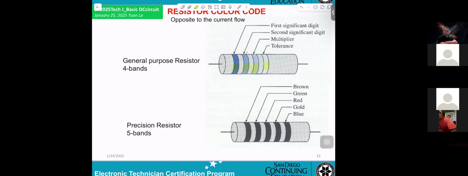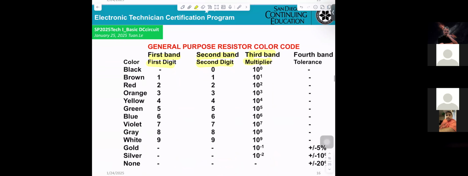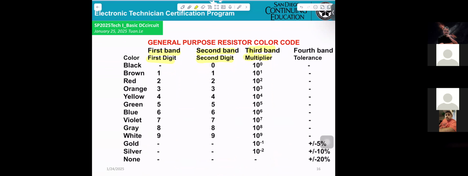And if you say looking into the color code in here, and you're using the table here, calculate, you can get the value. However, I don't think you can memorize that. You can memorize green number 5 or blue number 6? No way.